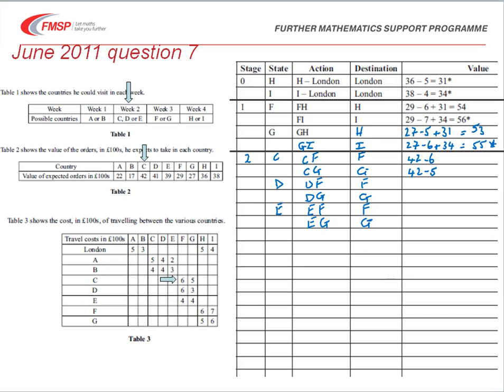If we end up at F, going to the stage above, the maximum for F is 56. So there we'll have plus 56. And for the second one, if we move to G, we can see that its maximum is 55. The totals there come to 92 for both of them.